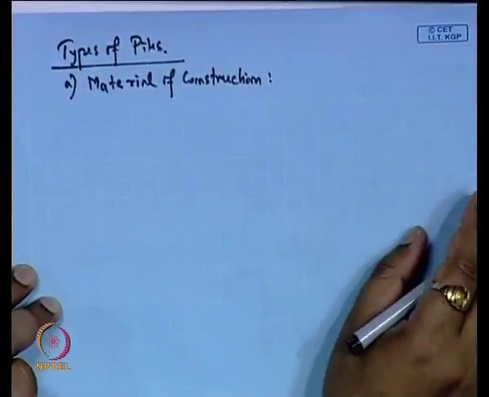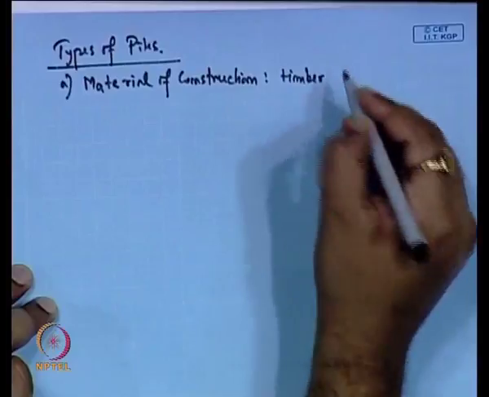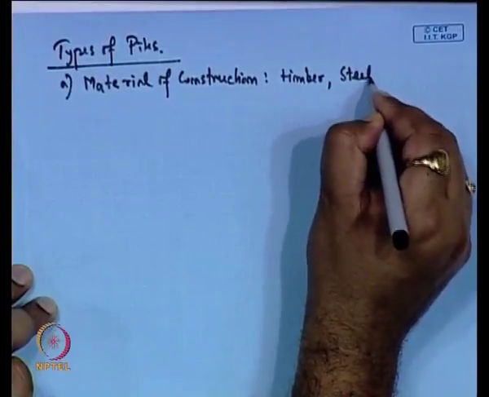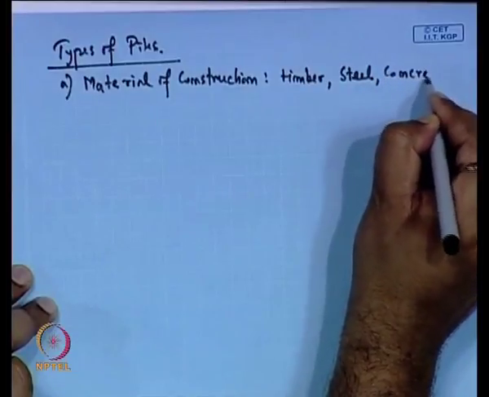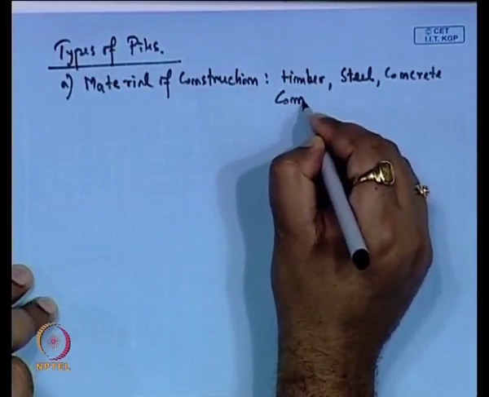the pile can be timber pile, the pile can be made of steel, concrete, and then composite type of material also.